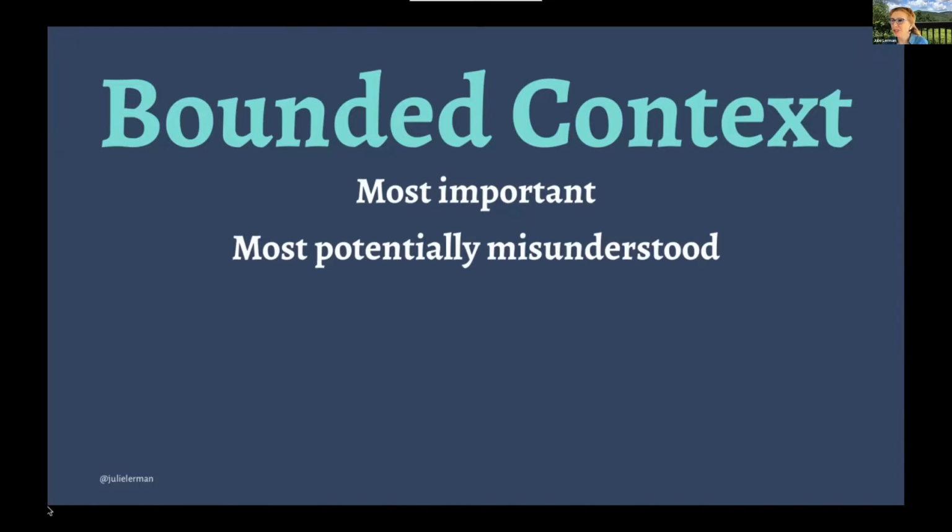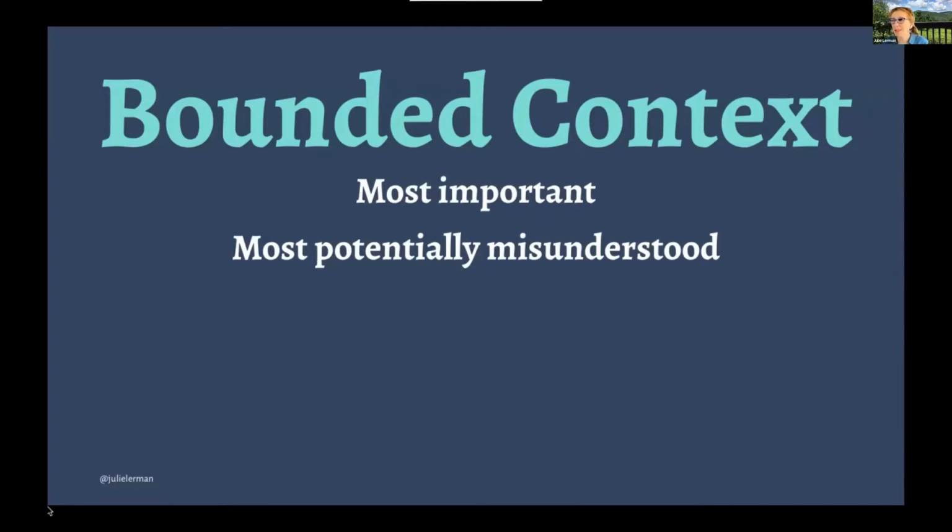And interestingly, he said at some point years after he first published the book, which came out in 2003, he said, if I was to rewrite the book, I would start by explaining the bounded context, right? Not having it in the middle of the book.